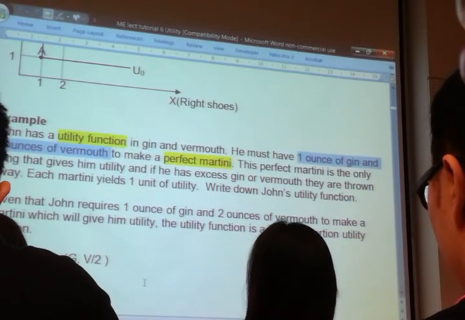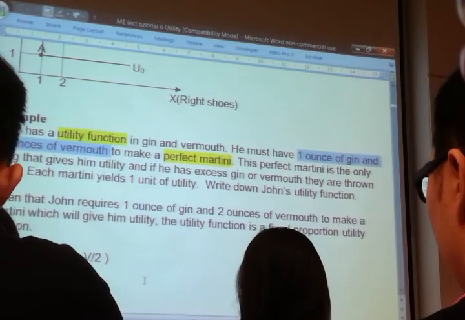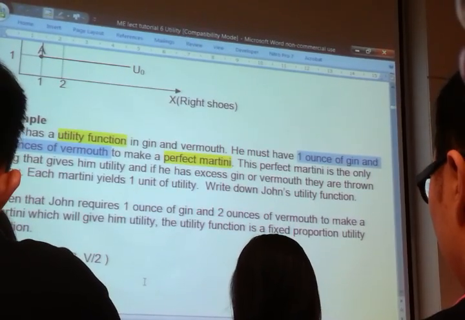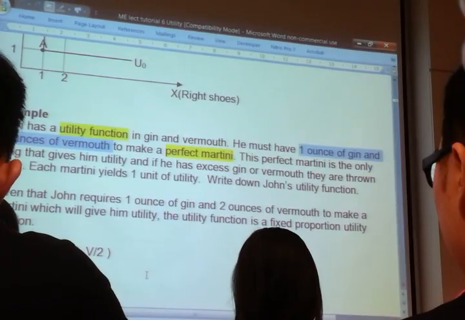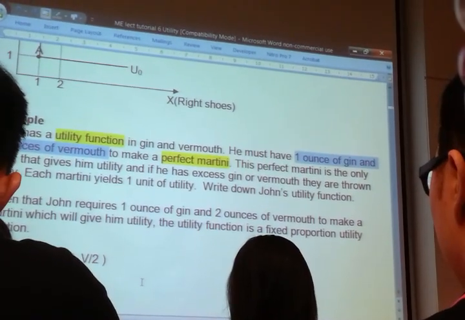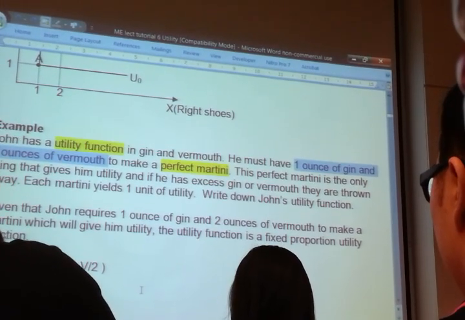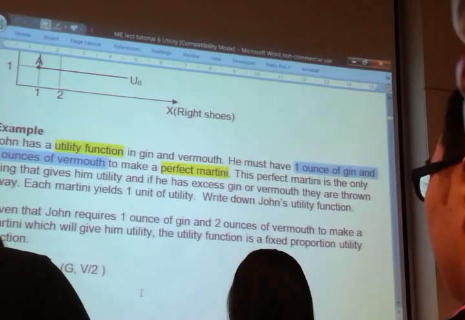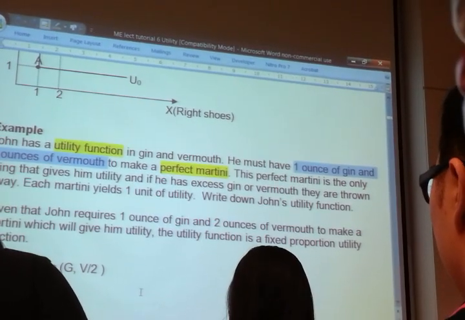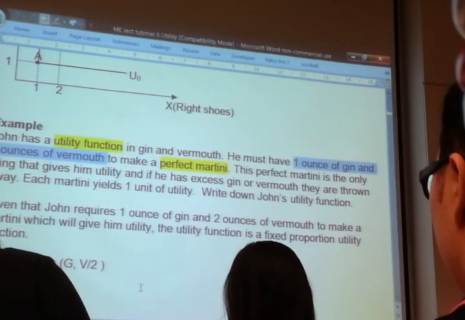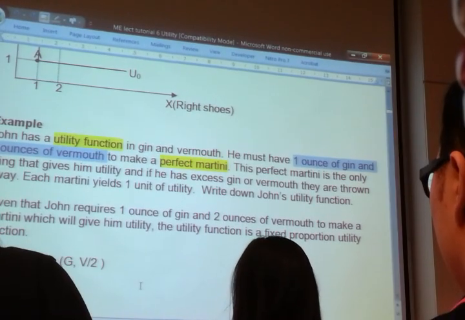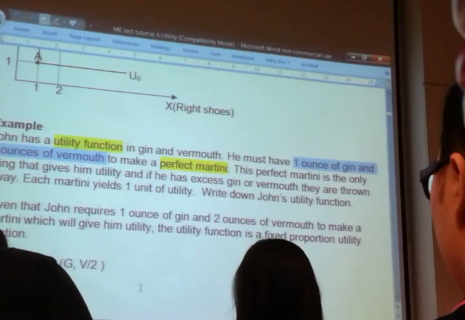In other words, it's the Martini that gives him satisfaction. So to create the satisfaction, he needs to make the Martini.